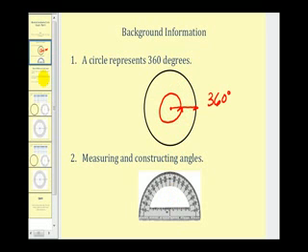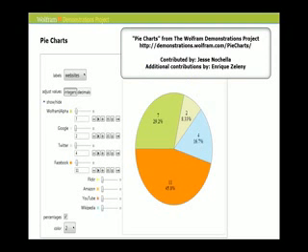To get an idea of how this works, let's take a look at an animation. Here we see a pie chart or circle graph that represents which 4 websites people visit the most. If we take a look at this orange section here, notice that almost 46% of the people visit this website, therefore it must represent 46% of the circle.